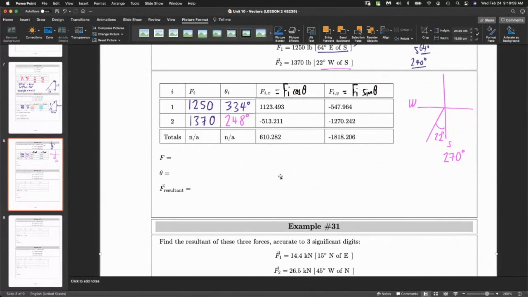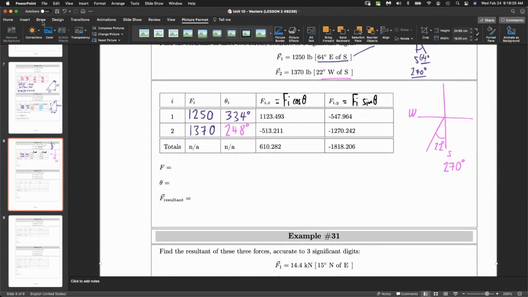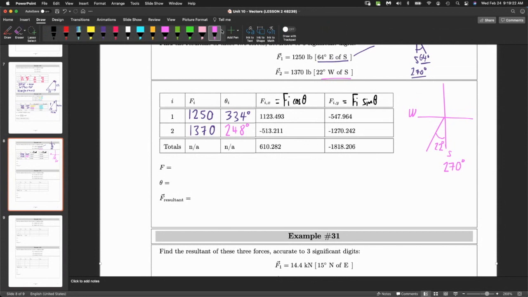So there you have it. So what I did was these numbers here, 1123 and negative 547. So if you do 1250 cos 334, you get the x component, and 1250 sine 334 degrees, you get the y component. And indeed, as we speculated, the x and y components are aligned correctly with west and south and east.